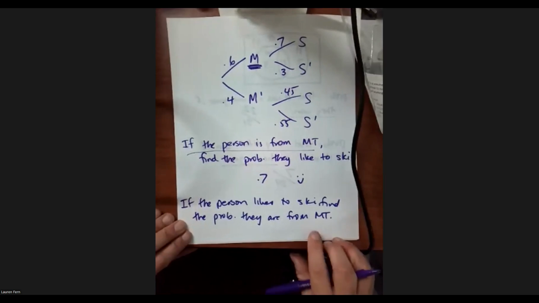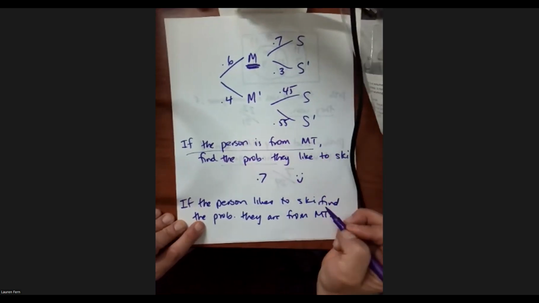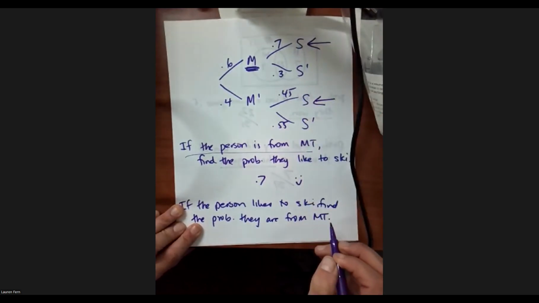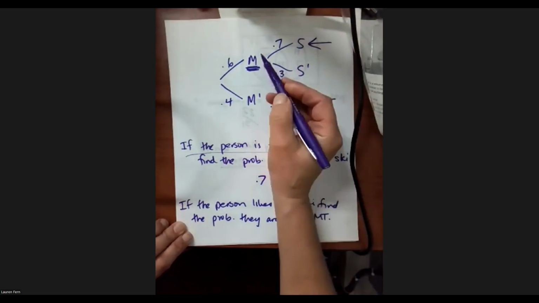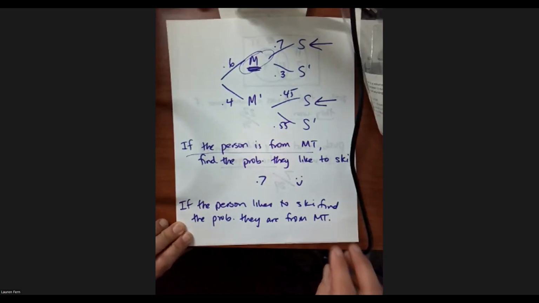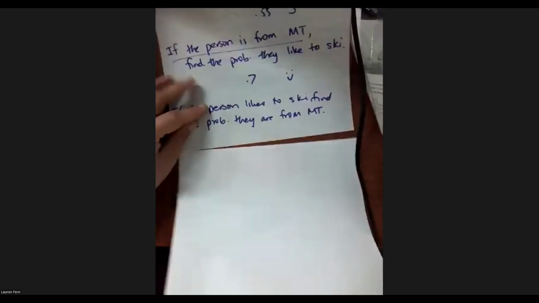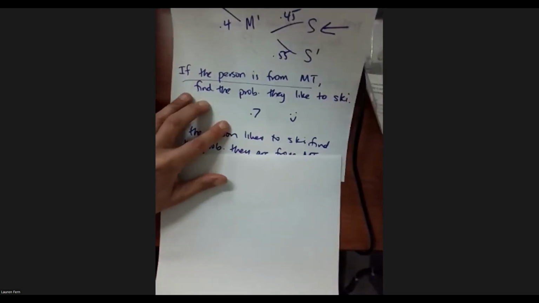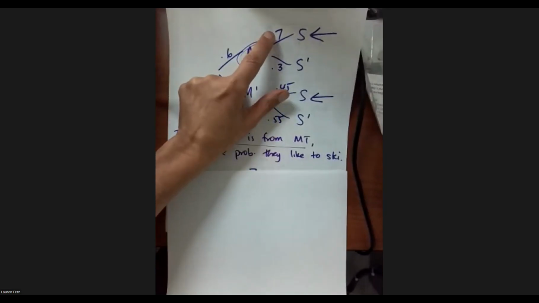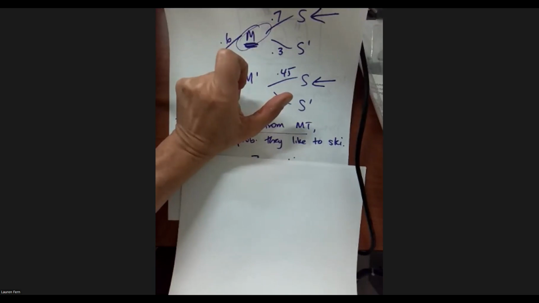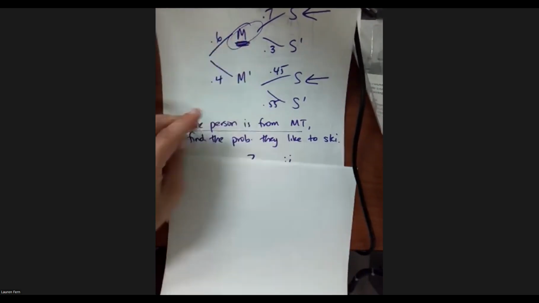All right. On the other hand, now we're assuming that a person likes to ski. And we want to find the probability that they're from Montana. Okay, so what is this one going to look like? Well, this is going to be a bit different here because when we consider an outer branch, we need to consider the entire branch if we're not already assuming we made it part way.